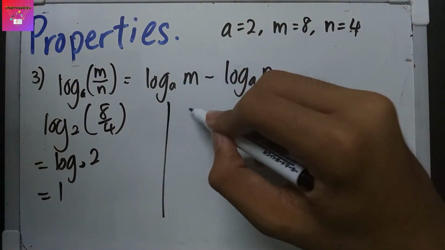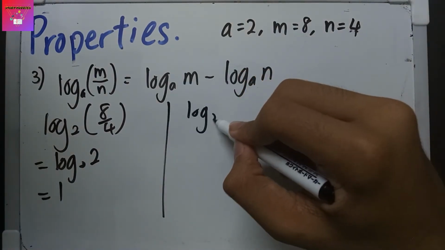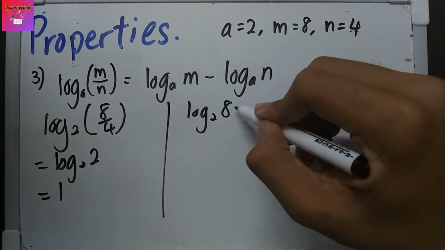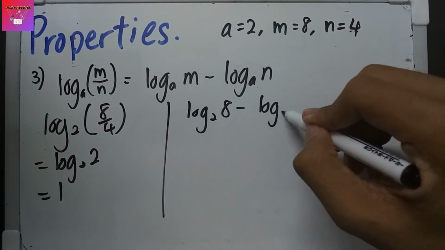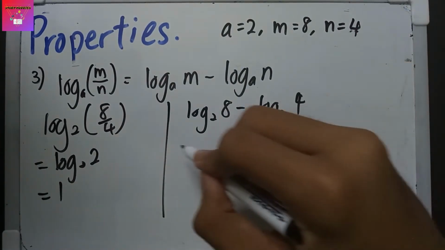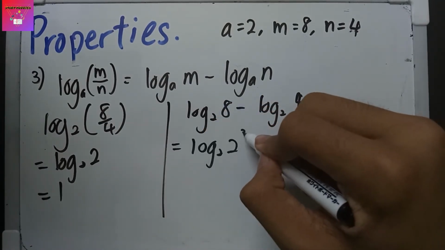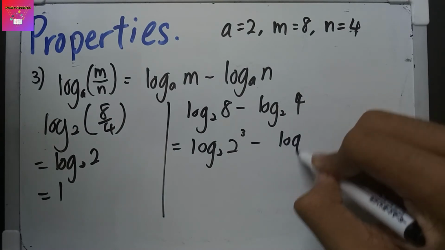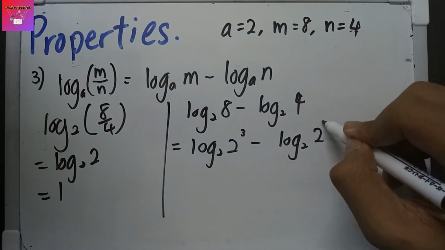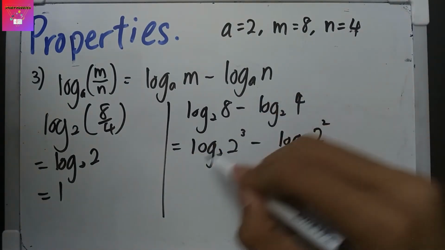So on the other side, log base 2 of 8 minus log base 2 of 4. 8 is 2 to the power of 3 and 4 is 2 to the power of 2. So we bring the powers to the front.